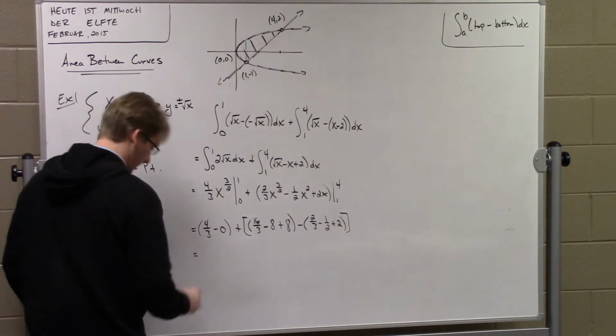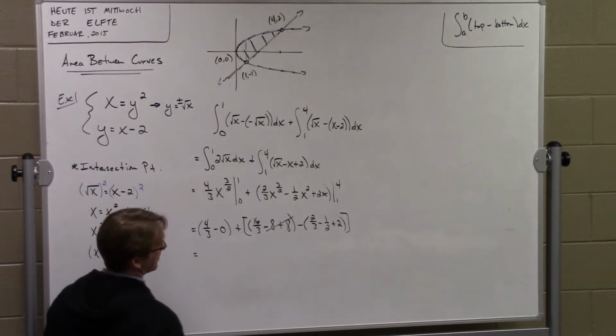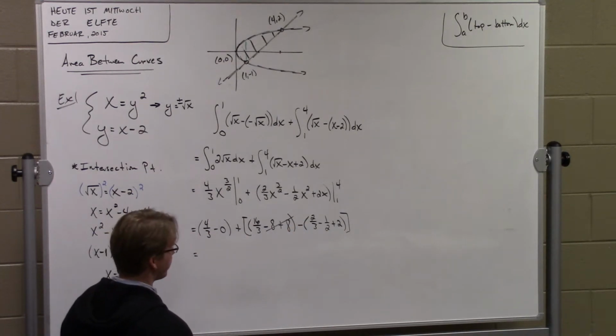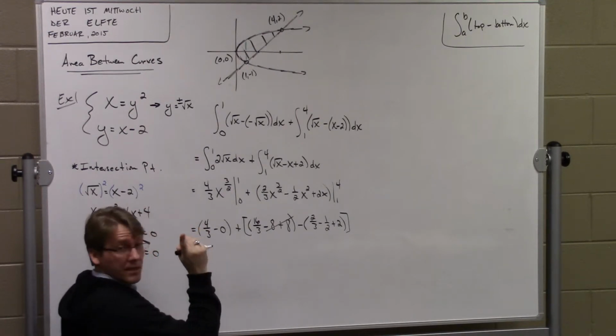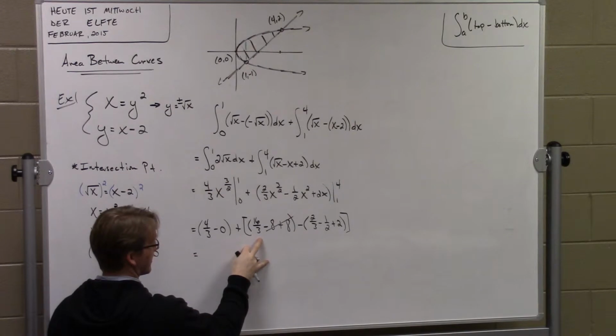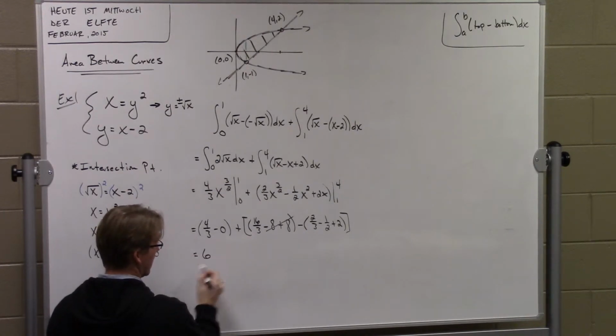Okay, let's try not to mess up our arithmetic. These two 8's cancel out. That was convenient. 18/3. Okay, I think all of our thirds together, we get 18/3. You have 4 here, 16 here makes 20, and then minus 2 makes 18/3, which is 6.